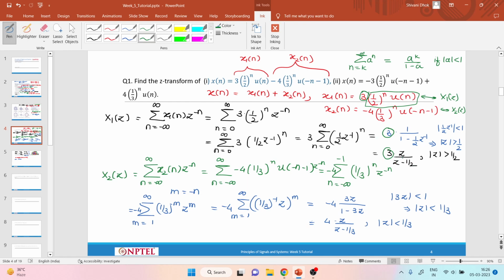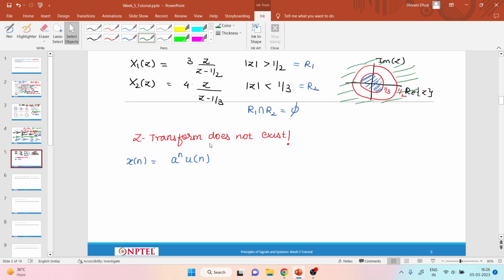So the z transform of this will be z upon z minus a, and the magnitude of z will be greater than 1 by 2, or specifically the magnitude of a. So by generalizing, we can simply write that the z transform of this will be z upon z minus a, with region of convergence magnitude of z greater than magnitude of a.